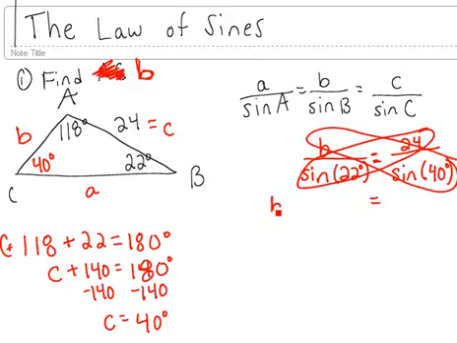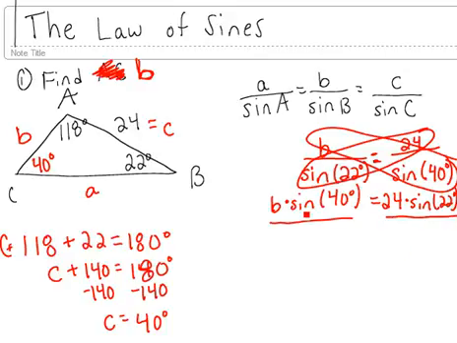So I've got b times the sine of 40 degrees is equal to 24 times the sine of 22 degrees. So what am I trying to solve for here? B. So I want b by itself. Currently, it's b times the sine of 40. How do I undo times? Divide. So I'm going to divide both sides by sine of 40 degrees.